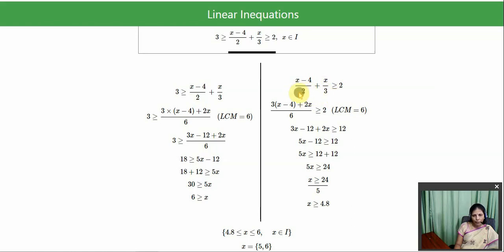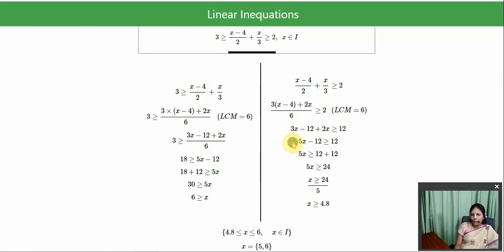We need to add both and make it one fraction. The common multiple is 6. So 3 into (x minus 4) plus 2 into x is greater than or equal to 2. To remove the fraction, we multiply both sides with 6. So the numerator is 3x minus 12 plus 2x, the 6 gets cancelled, and on the right, multiplying 2 with 6 you get 12.